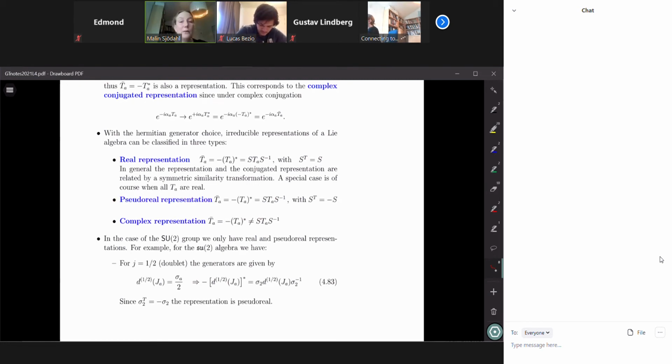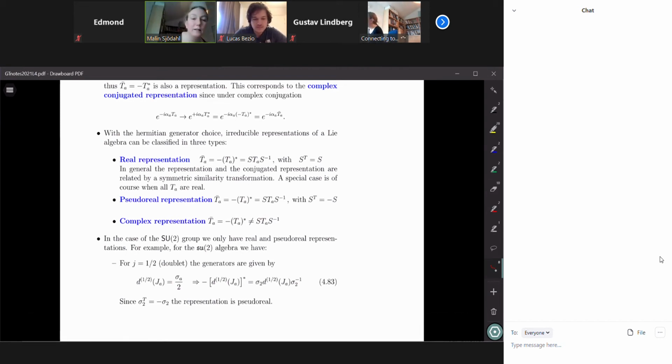That is sometimes also called a quaternionic representation. More generally, if we have this sort of relation, but where S does not have either this form or this form, we have a complex representation.